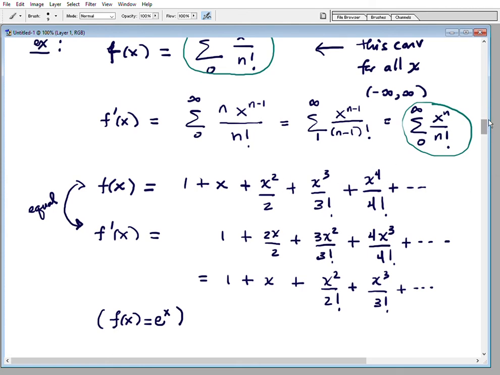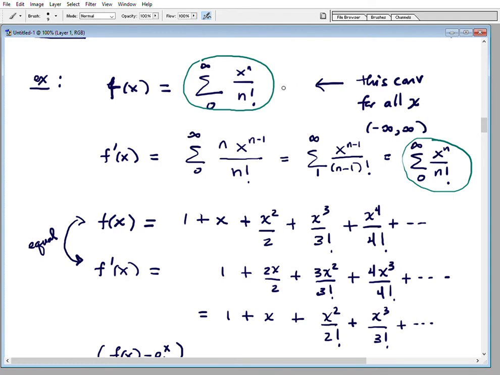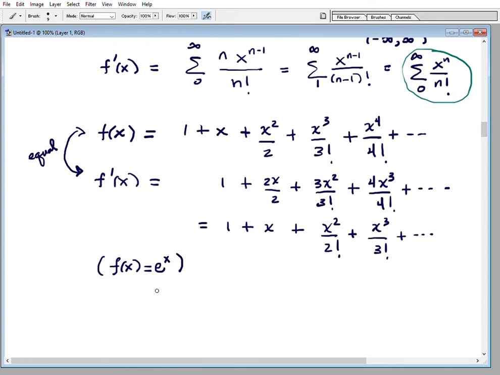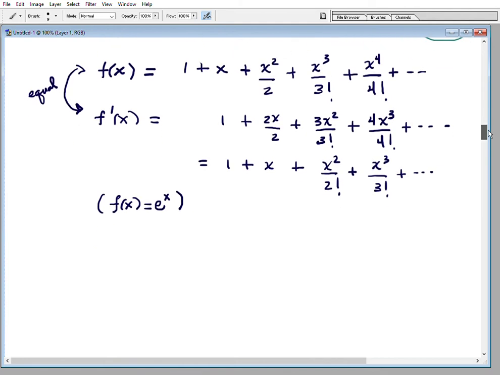I just wanted to show you an example where we differentiate a power series. When you differentiate this particular one, you get the same power series back. It doesn't change, because this power series happens to be equal to e to the x. So we can differentiate and integrate these power series. That's the main point here.